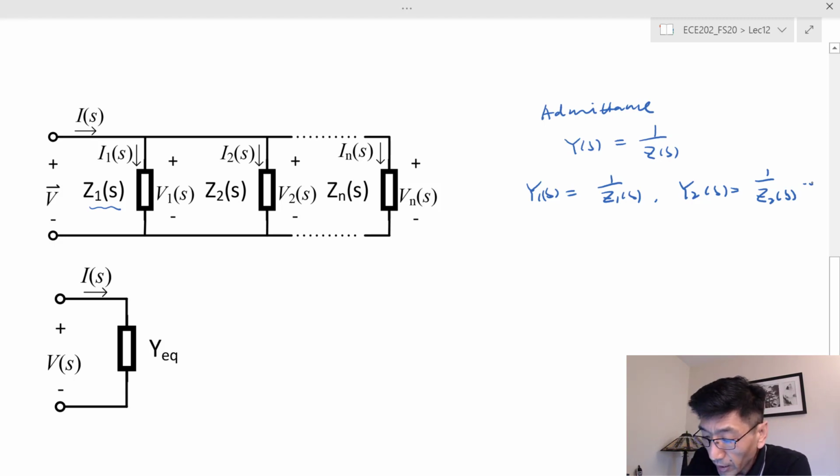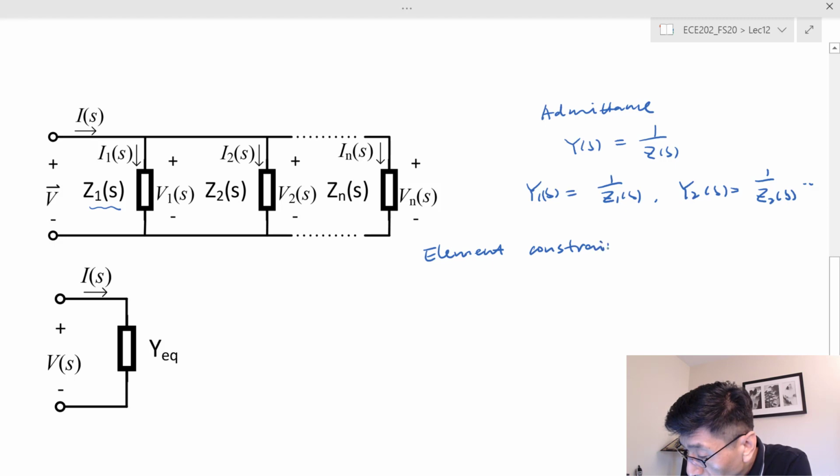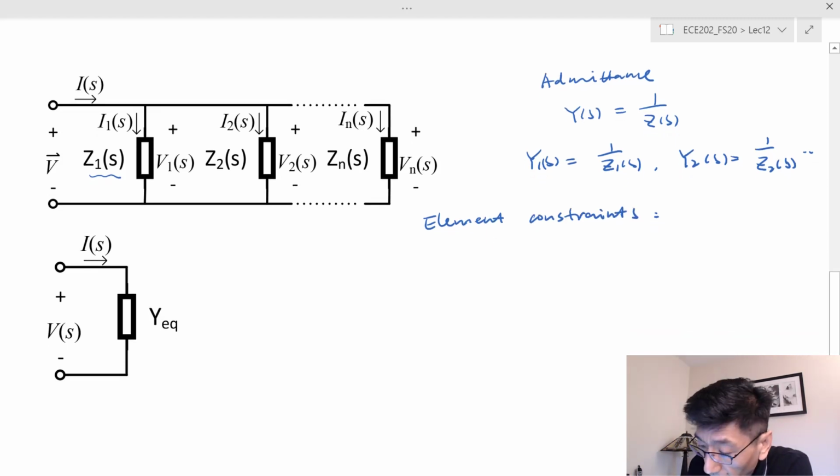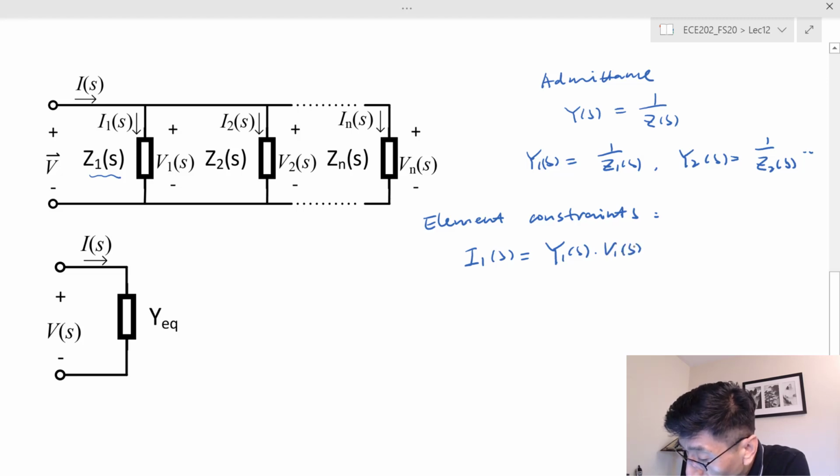Okay, so the element constraints, we can still write them. In this case, we use admittance, and here I have current I1s equal to Y sub 1s times the voltage V sub 1s, right? And I have a current I2s that's equal to Y sub 2s times V sub 2s.